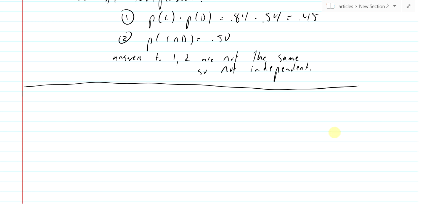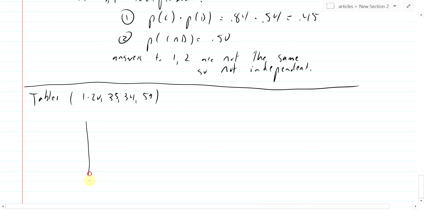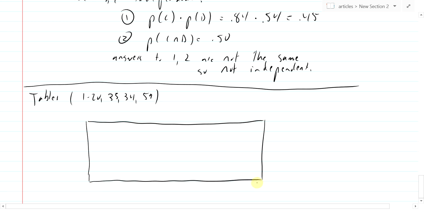We can look at a slightly larger table, and this is covering problems. Where's my list of problems now? Table problems, so 1 through 20, 33, 34, and 59. So we'll expand our coffee shop example a little bit. We'll put up a table, and again, this is a table of probabilities.